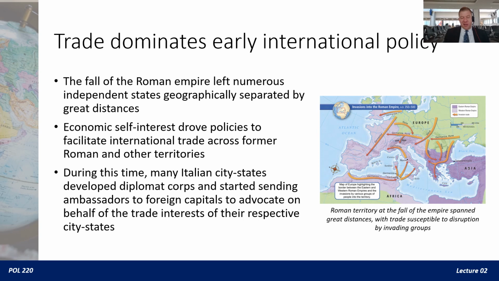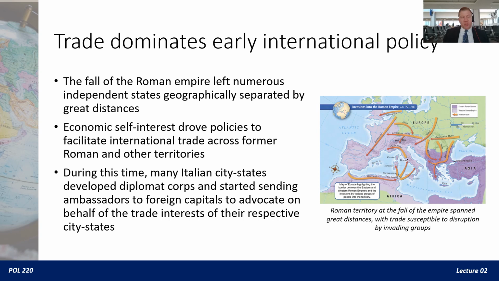Again, as our international reach starts to expand, you've got different civilizations that have access to different resources that we may need, and an abundance of resources in our own areas or regions that we need to export. So during this time, many Italian city-states, for instance, ended up developing what's been acknowledged to be the first diplomatic corps.